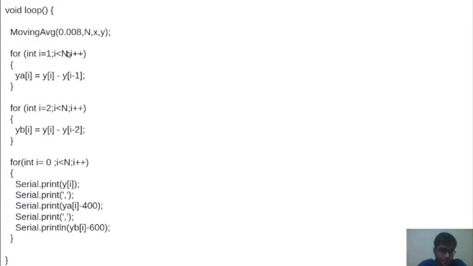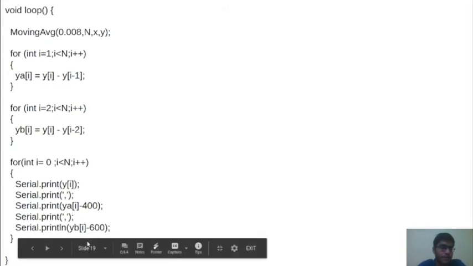This is the single first order difference filter, and this is the 3-point filter whose equation we discussed, xn minus xn minus 1, and xn minus xn minus 2. Here the input we are taking as y, because ya is the output here and y is the input. This is the symbol we took in this code.